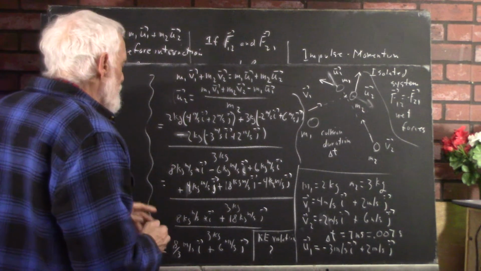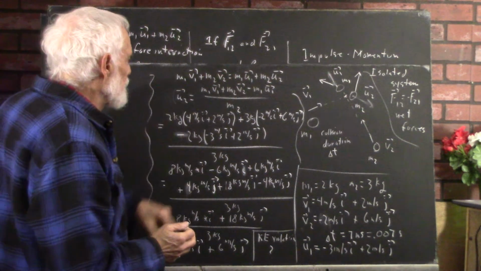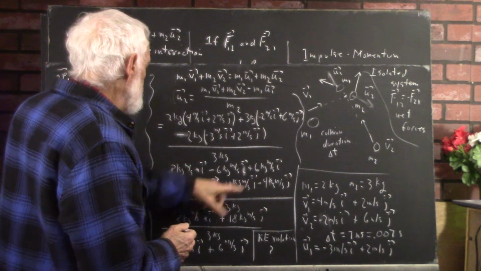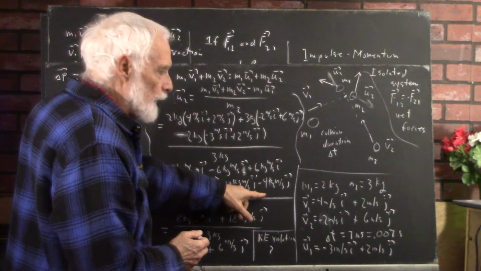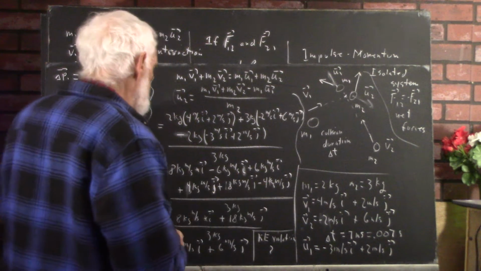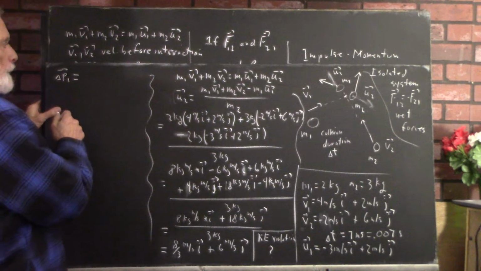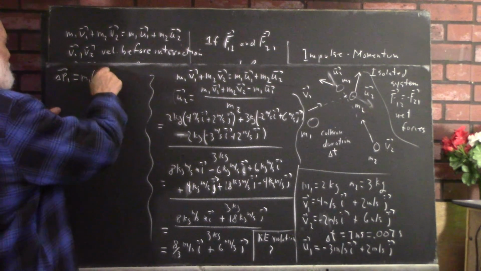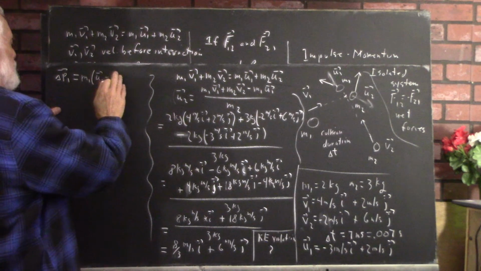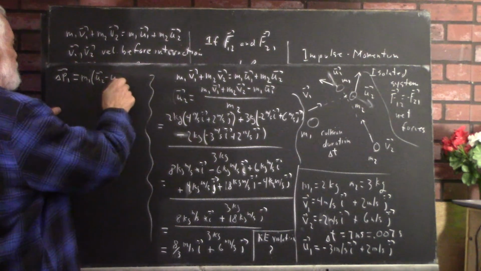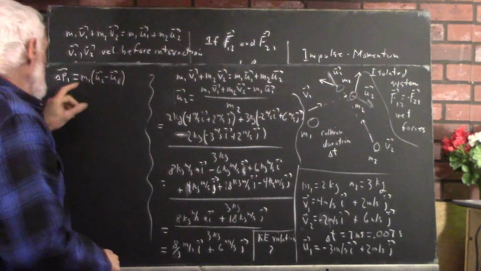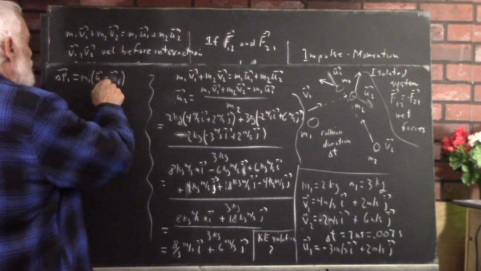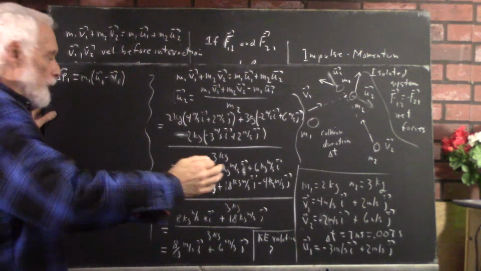subtracted from its momentum after the collision, which is here 6 kilogram meters per second times I minus 4 kilogram meters per second times J. So it's M1 U1 minus M1 V1.